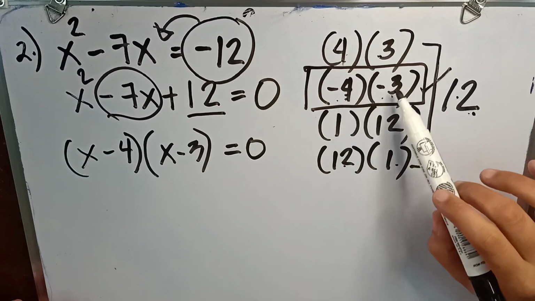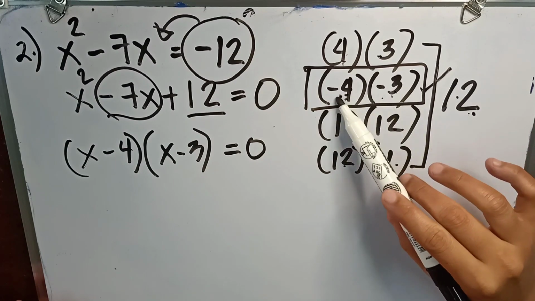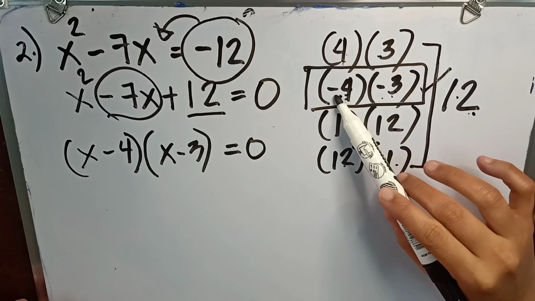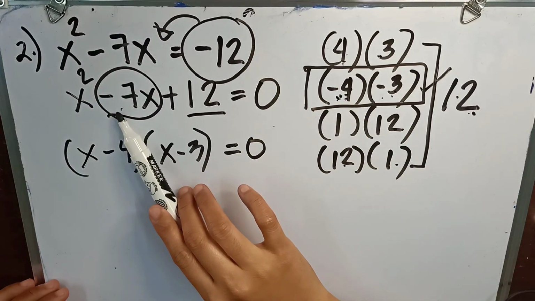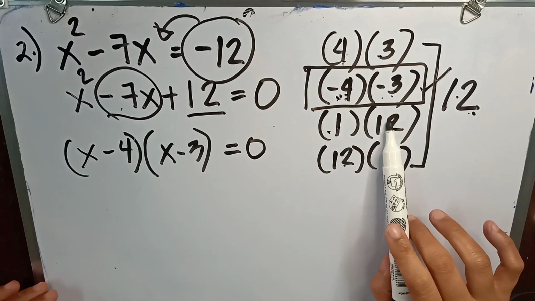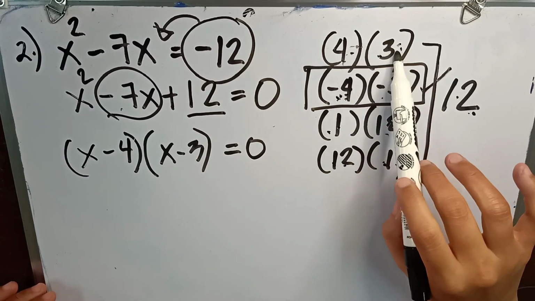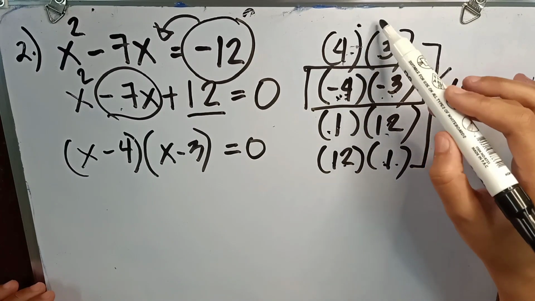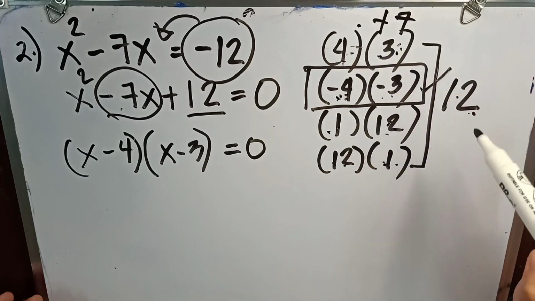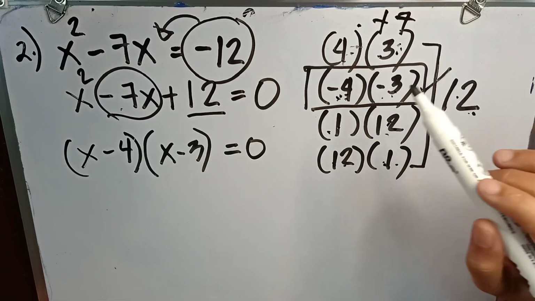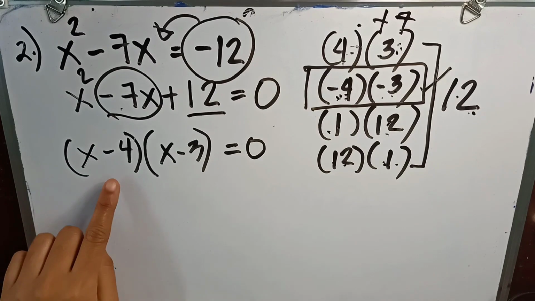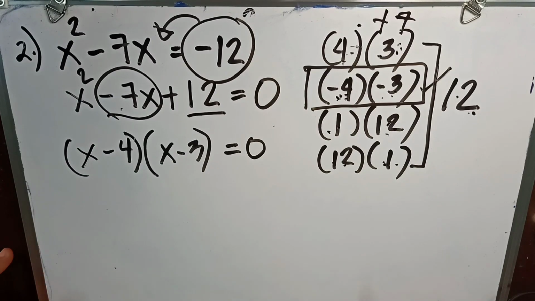Because if we add these numbers, the sum is negative 7. If you add this one, 13. Also here, if you add, this is positive 7. So those are not possible.